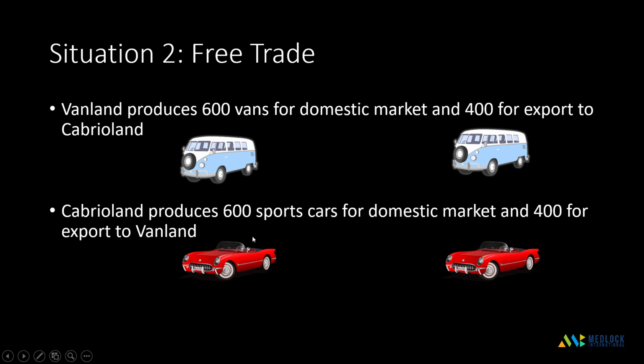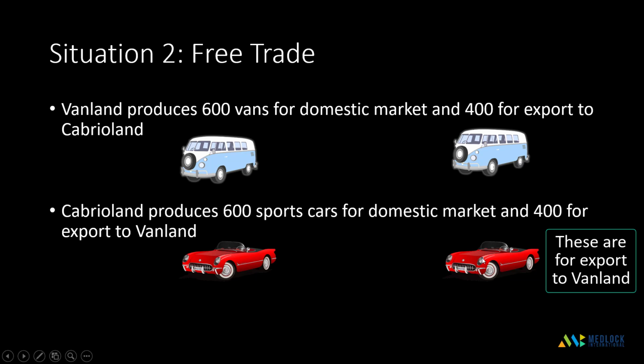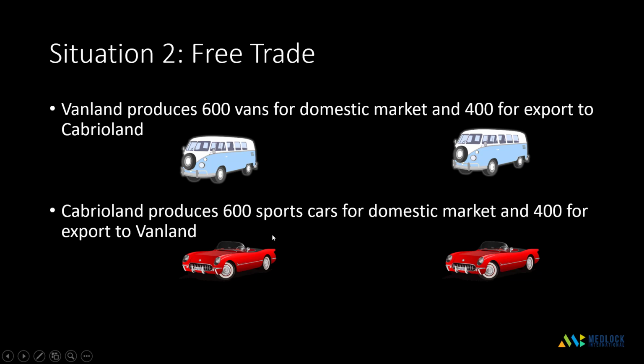Cabrioland could produce the 600 sports cars for their own market and produce another 400 vehicles that could then be exported to Vanland. This means that both countries will be producing 1,000 vehicles per year, maximizing their potential economies of scale.